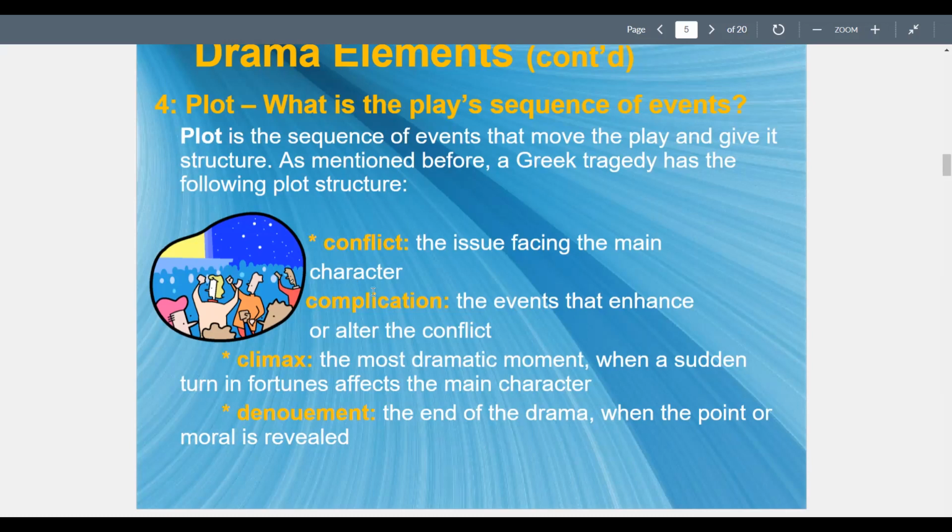And that gives us a complication leading to the climax of finding out why his people are experiencing this plague: because he killed the previous king and married his mother. And then the denouement, the end: he learns how he was blind to what was right in front of him and how the seeking of the truth was not necessarily what was best for his people.